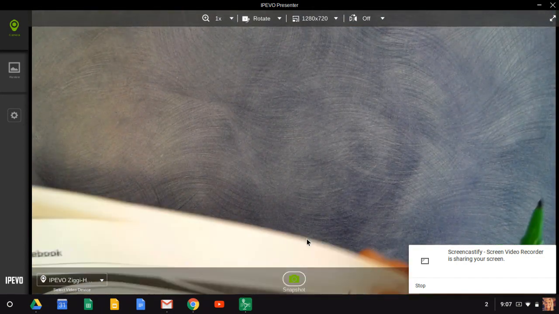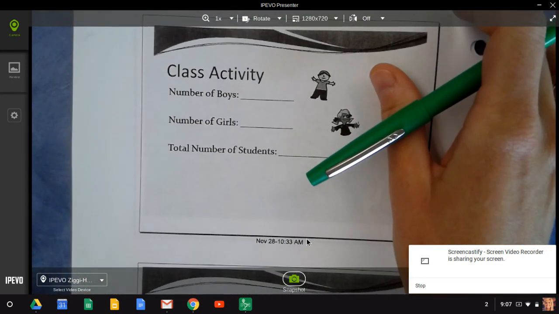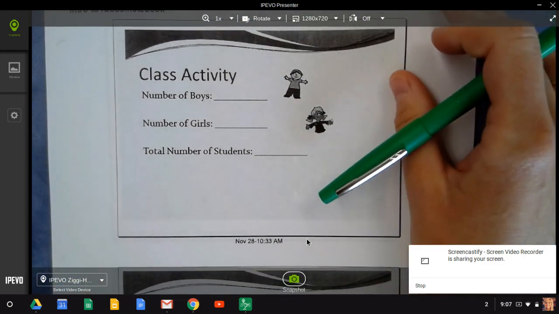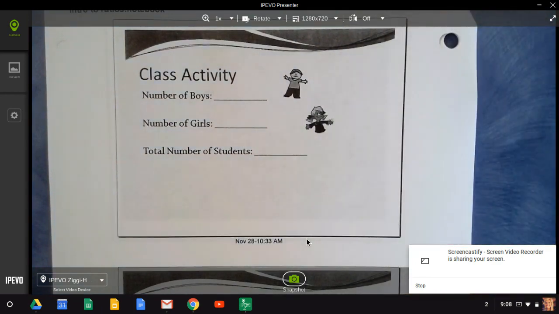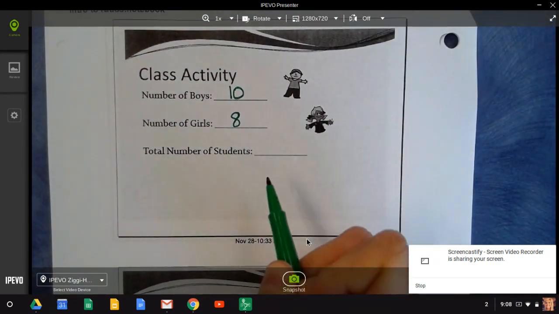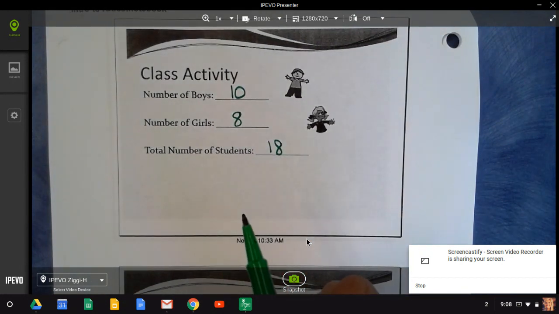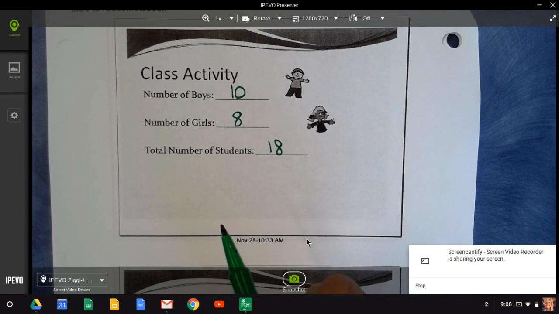I'm going to flip the page to the back and we're going to start the first activity, which is a class activity, but unfortunately we're not in class. So we're going to imagine that we are in a class with 10 boys and 8 girls, which gives us a total number of 18 students. Now, if you recall, on the front page, I said that you're going to need to know how to describe part-to-part ratios and part-to-whole ratios.